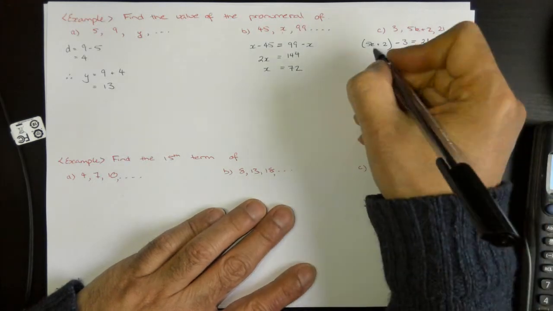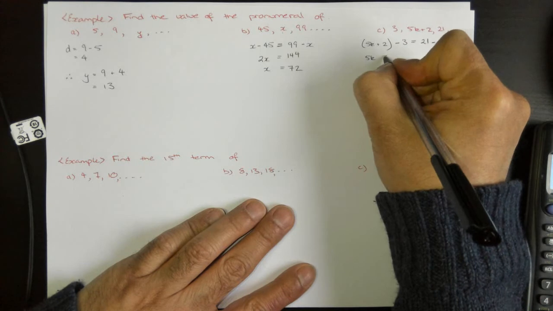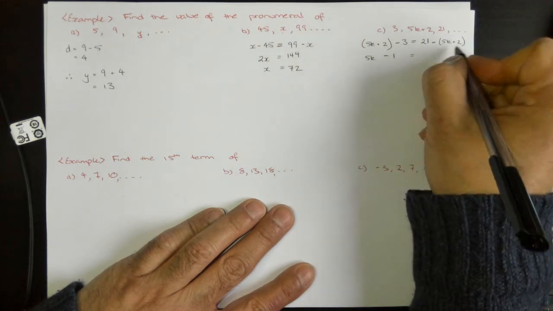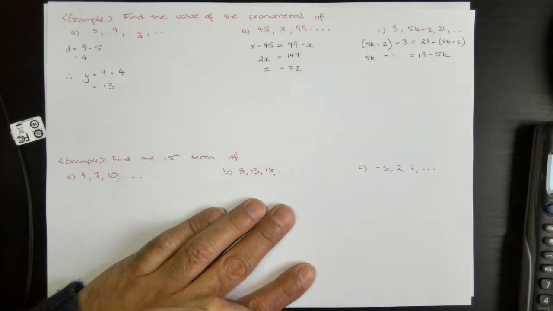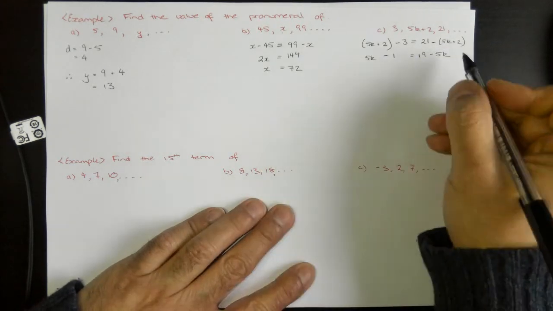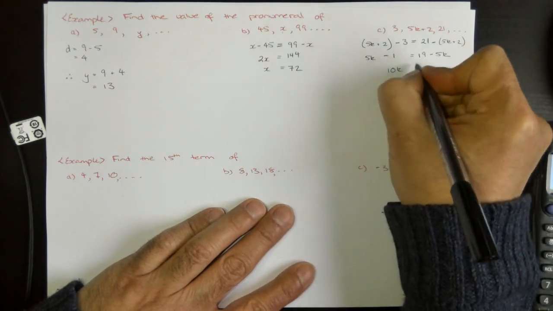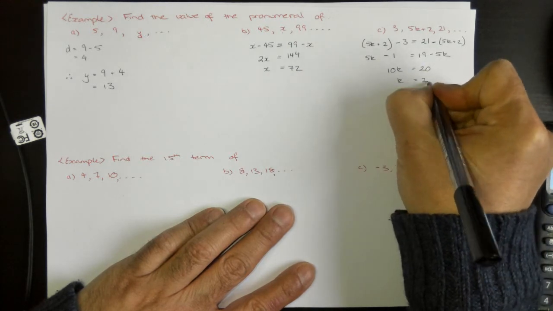Now I have an equation. So really I've got 5k, 2 minus 3 is negative 1. 21 minus 2 is 19 minus 5k. I'm going to add 5k to both sides, so it's going to be 10k. Add 1 to here, it's going to be 20. So k equals 2.